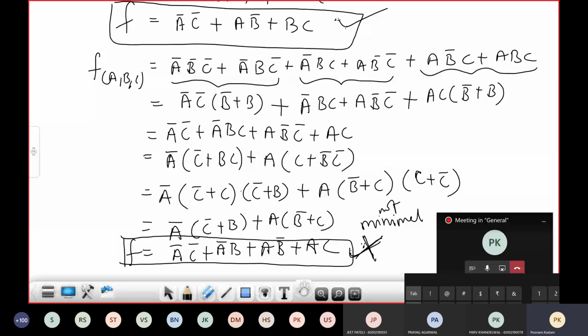So with a different combination, you get a different output. There is no fixed procedure to proceed with this technique. I suppose you are getting my point, why I have taken this example.